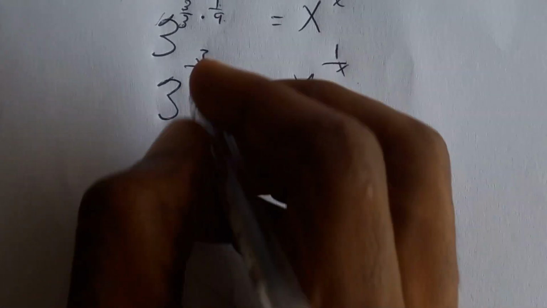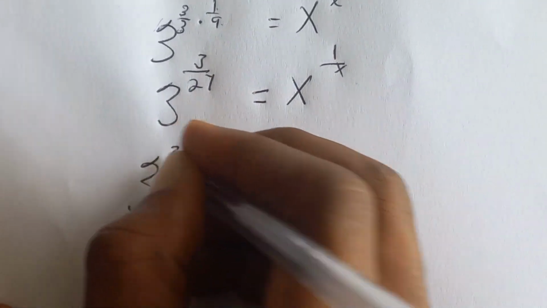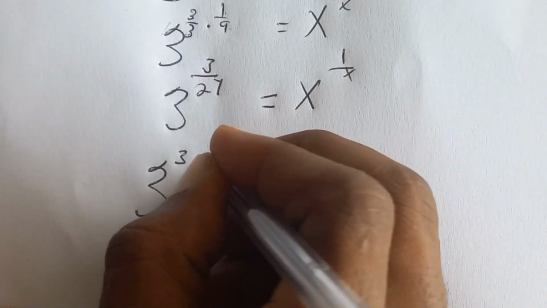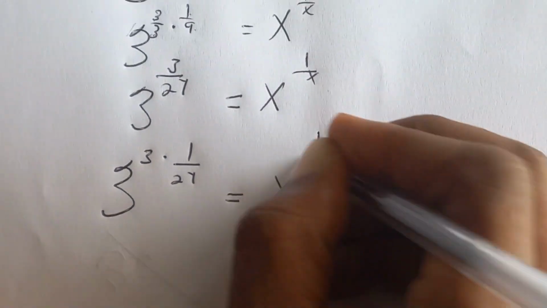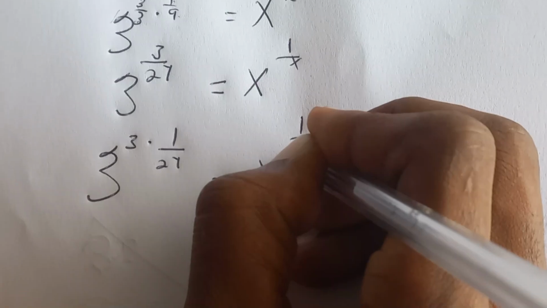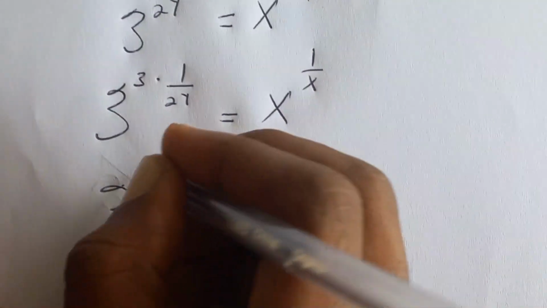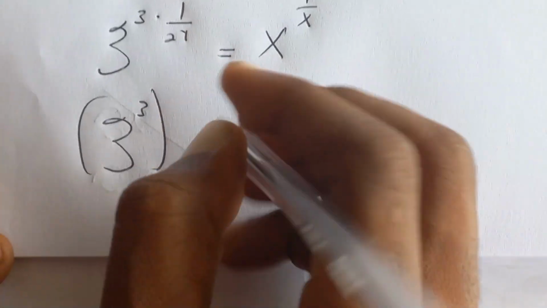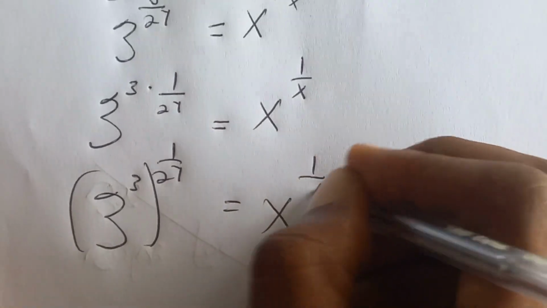So now, with this, we can rewrite it as 3 exponent 3 multiplied by 1 on 27, which is equal to x exponent 1 on x. Okay. So we write 3 exponent 3, into bracket exponent 1 on 27, is equal to x exponent 1 on x.